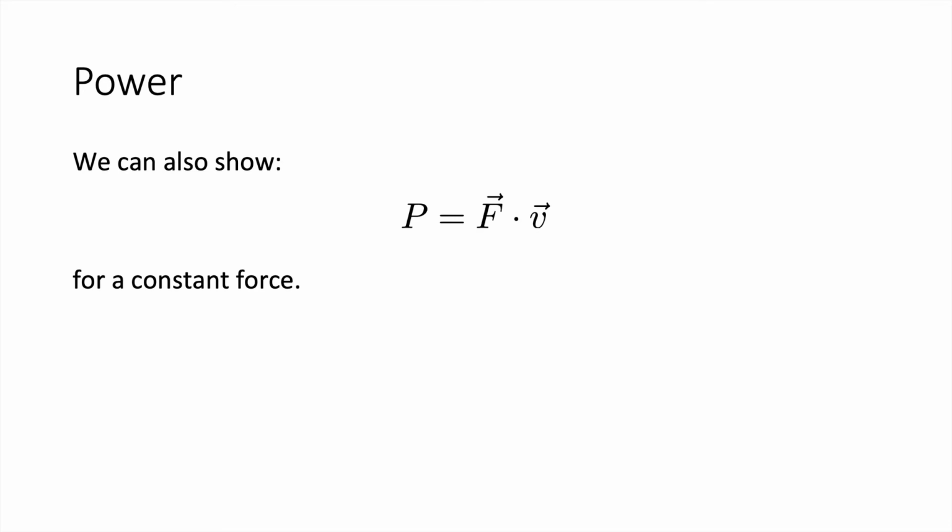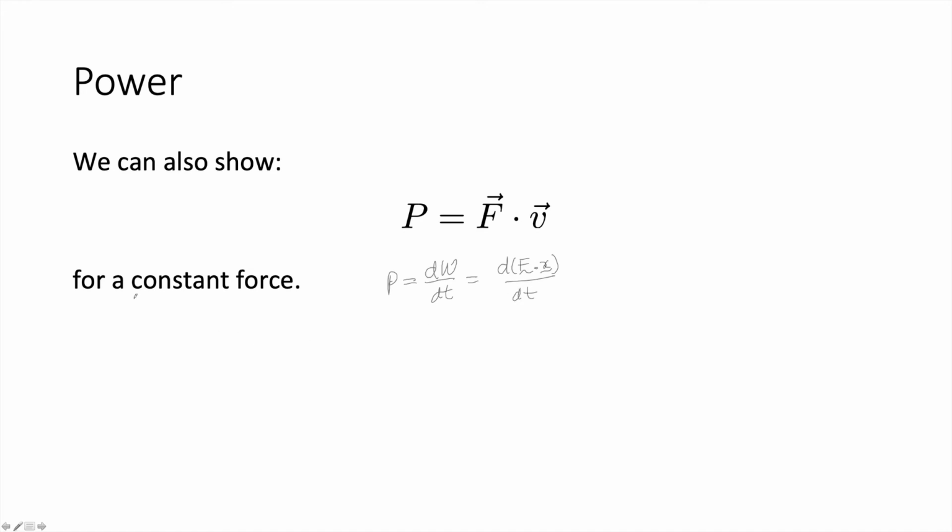Now we can quite easily show that for a constant force, the power is equal to the dot product of the force with the velocity. So to show this, we can say, well, the power is equal to dW/dt. That's what we just had on the last slide as the instantaneous power. And we've seen that the work done is equal to F dot dx.